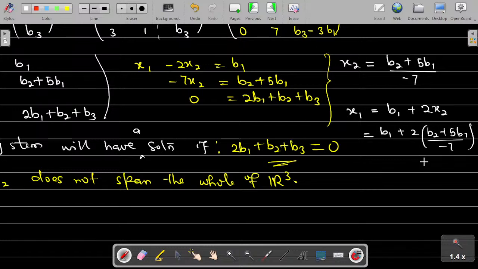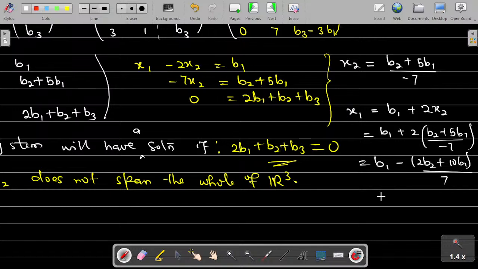So that minus can come out here to give us b1 minus, and the 2 will now come in, remember brackets, it will now be 2b2 plus 10b1, okay, all over 7.